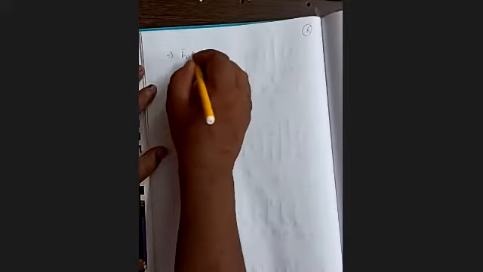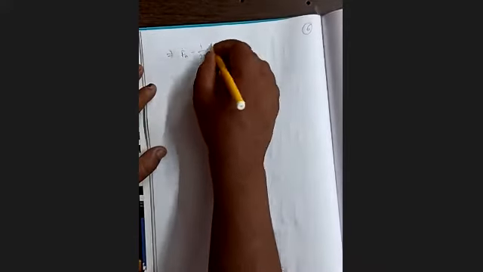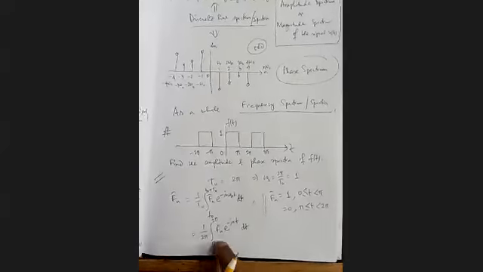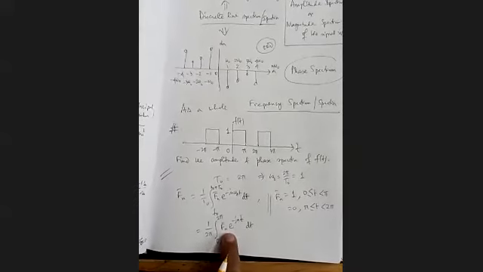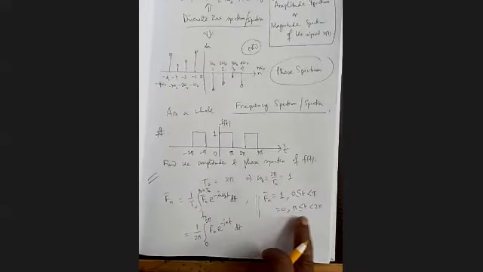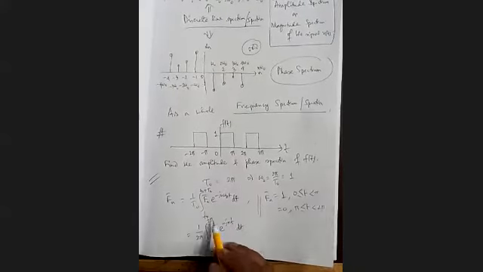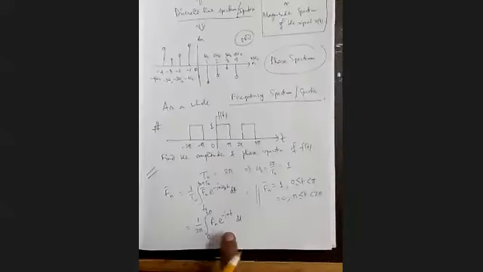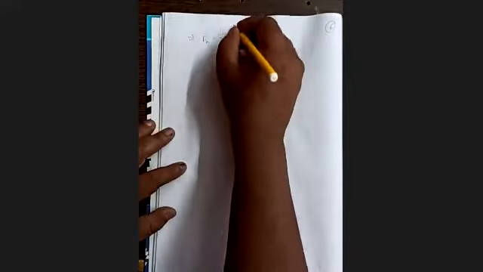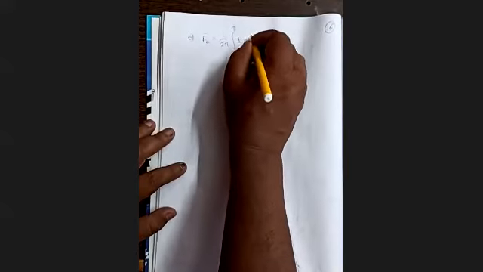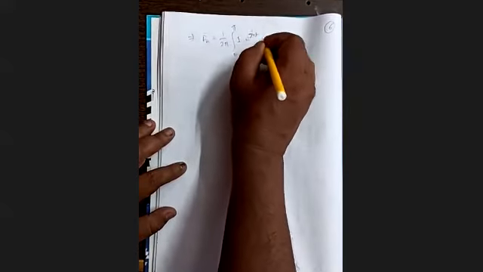Therefore, our Fn bar equal to 1 by 2 pi integration. Note that between 0 to 2 pi, our function is defined, but from pi to 2 pi, it is 0 here. So it's sufficient to integrate it only from 0 to pi, where the value of the function is 1. So it is 0 to pi, 1 times e to the power minus jn t dt.